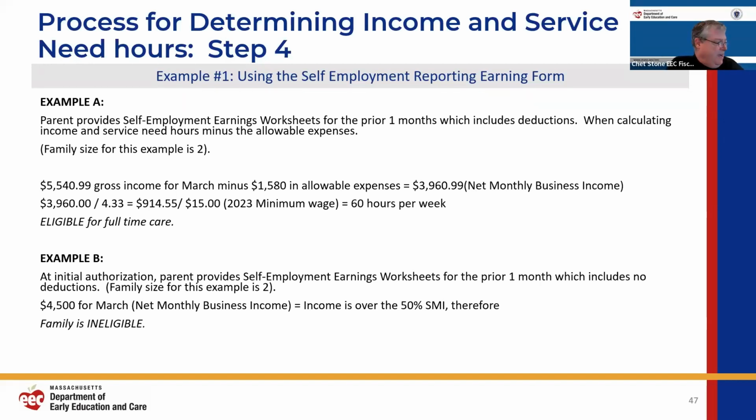And I think, Annette, you're exactly right. Talk to the family, find out what the situation is, find out what the business is, and try to determine the best way to figure out what their income is, to make them able to receive services, whether it's service eligibility, hours, or the income.